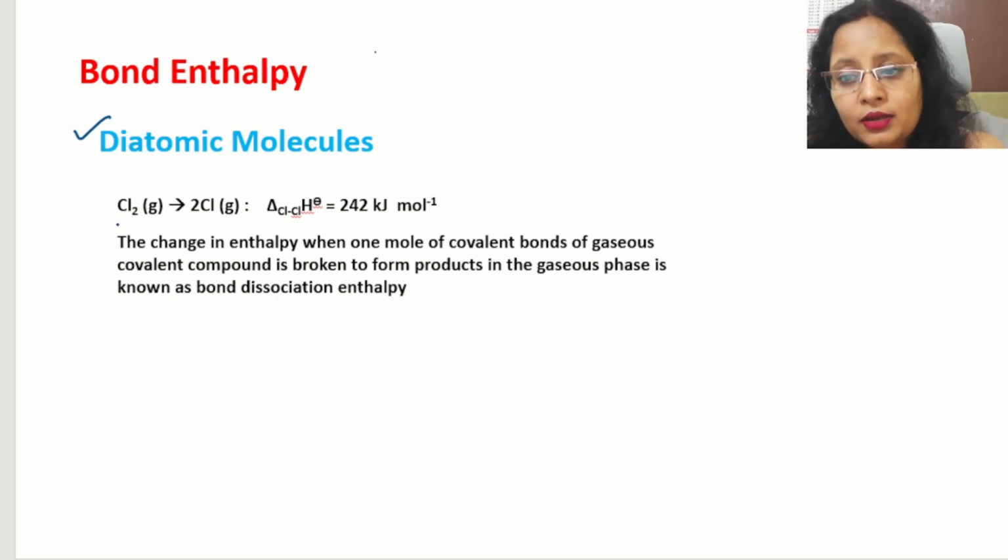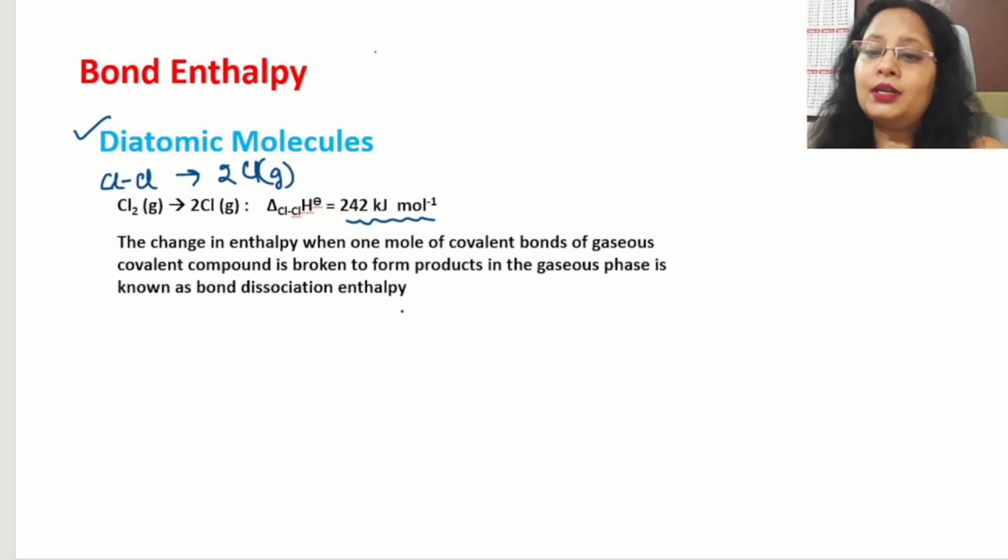We have an example here. See, Cl2. It is chlorine, chlorine-chlorine bond. In the gaseous state, it gives 2 chlorine atoms in the gaseous state. Here the bond enthalpy is written as delta Cl bond Cl, and its value is 242 kilojoule per mole.